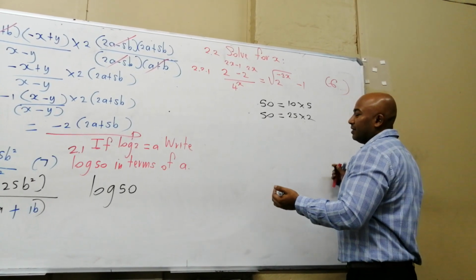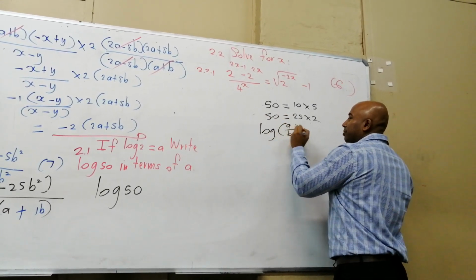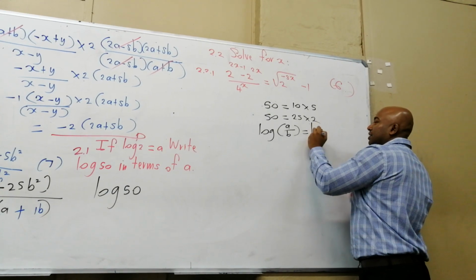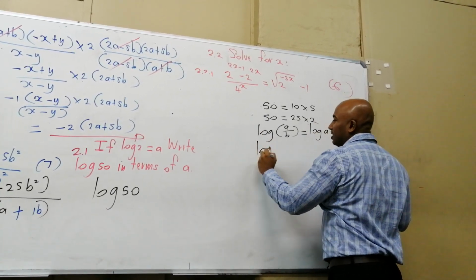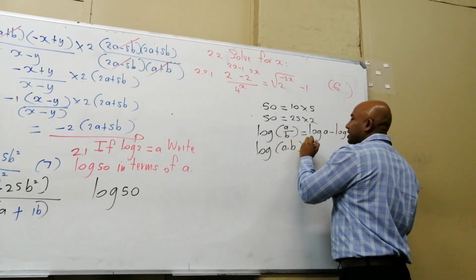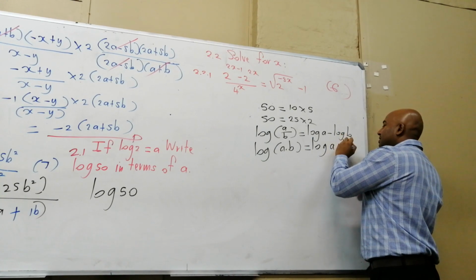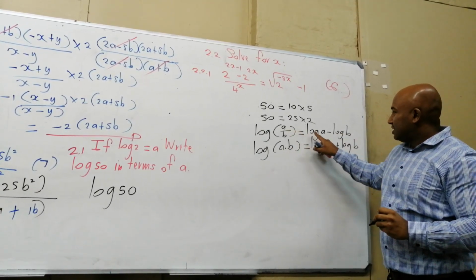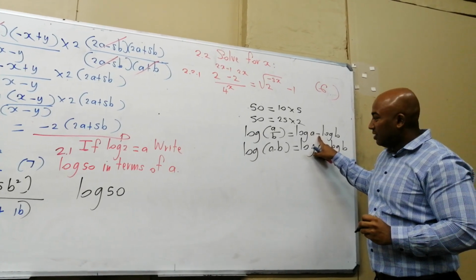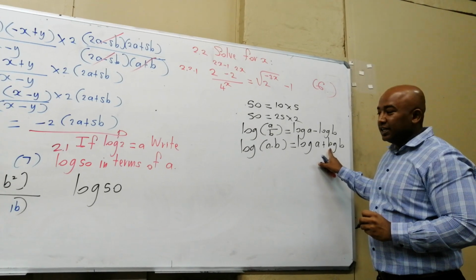So now, remember that log of a over b is the same as log a minus log b. And if I have log of a times b, it is the same as log a plus log b. So if we have division, it changes to subtraction of the logs, and multiplication changes to addition.